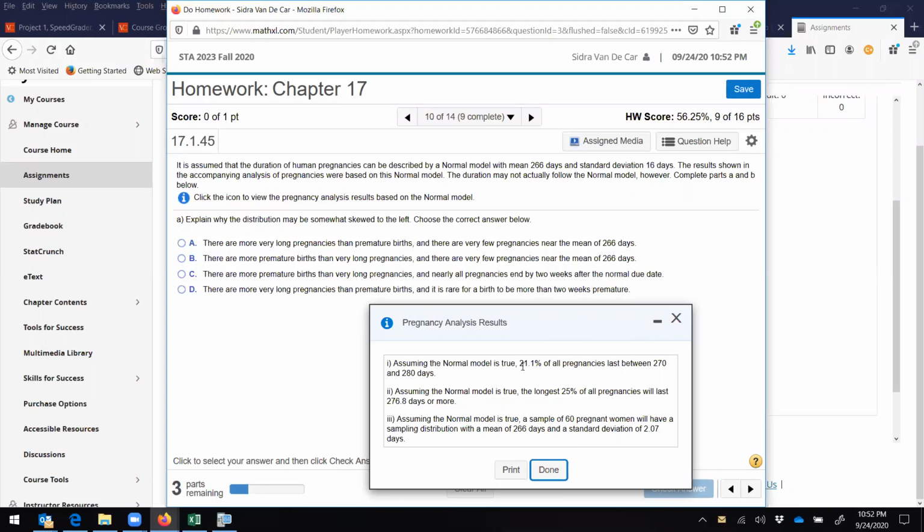Okay, this doesn't relate to this, I don't think. There are more very long pregnancies than premature births, and there are very few pregnancies near the mean. There are more premature births than very long pregnancies, and there are very few pregnancies that are near the mean. There are more premature births than very long pregnancies, and nearly all pregnancies end by 2 weeks after the normal due date. There are more very long pregnancies than premature births, and it is rare for a birth to be more than 2 weeks premature.